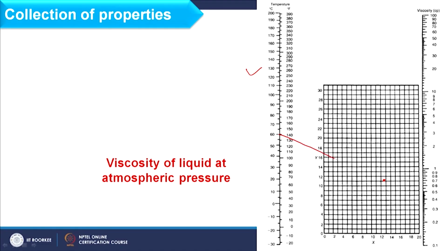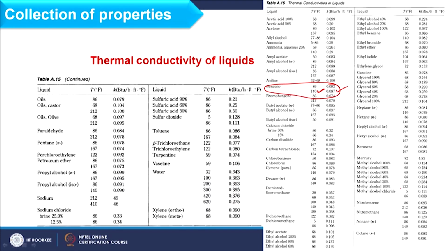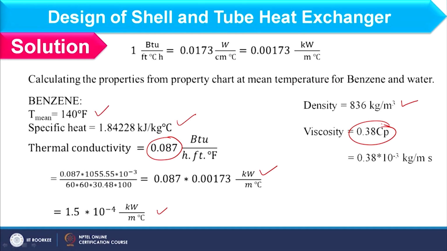So, we can make a line joining this point, and somewhere it will cut the right axis, and similarly we can find the viscosity of benzene as 0.38 centipoise. So, when I convert it, I find 0.38 into 10⁻³ kg per meter second. That is the desired unit to carry out the calculation.